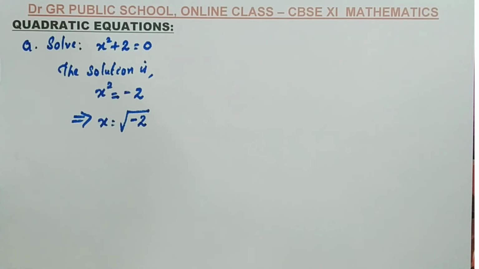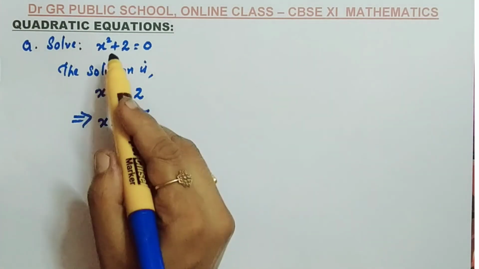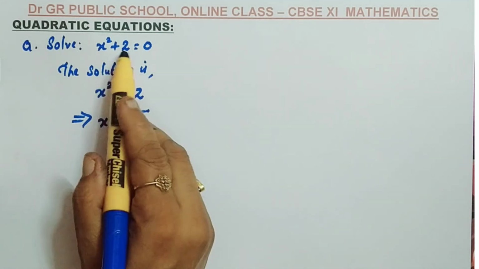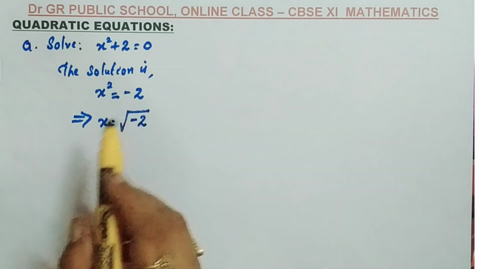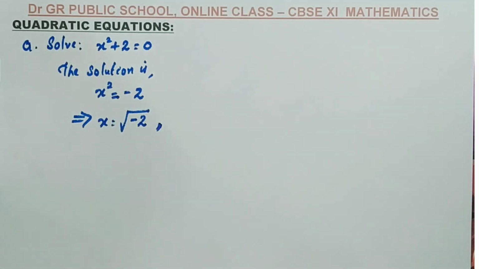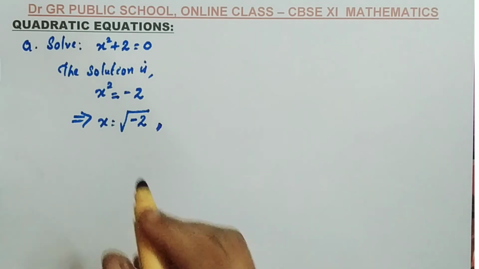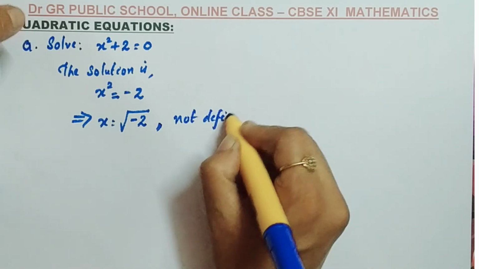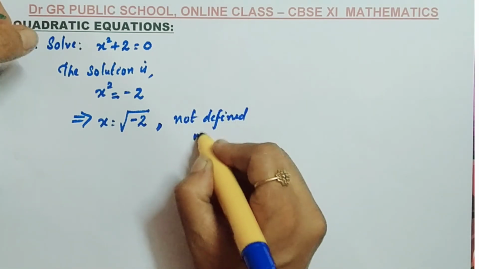Now we are going to solve some quadratic equations. Consider the equation x square plus 2 equal to 0. To get the solution, x square equals minus 2. From this, x equals square root of minus 2, which as per last year's definition is not defined in the real number system.